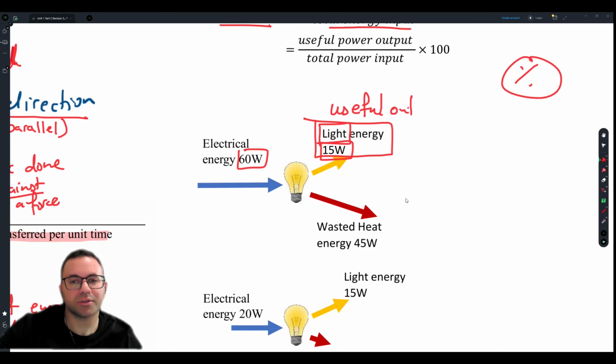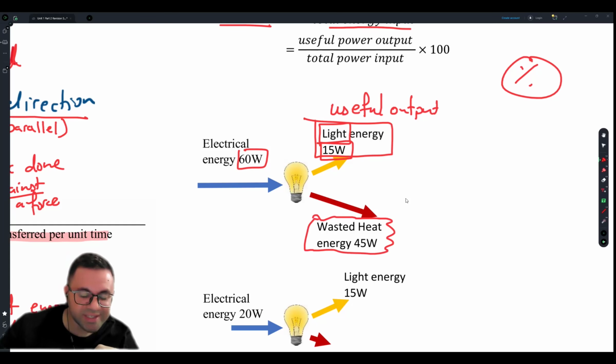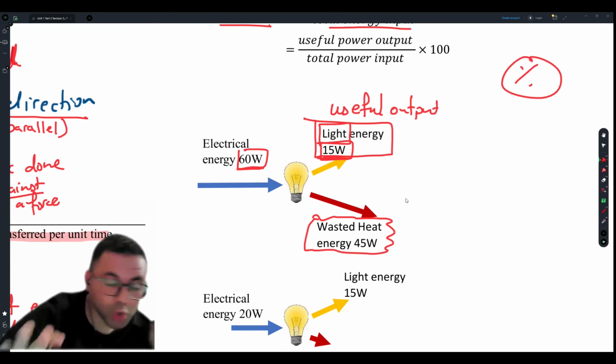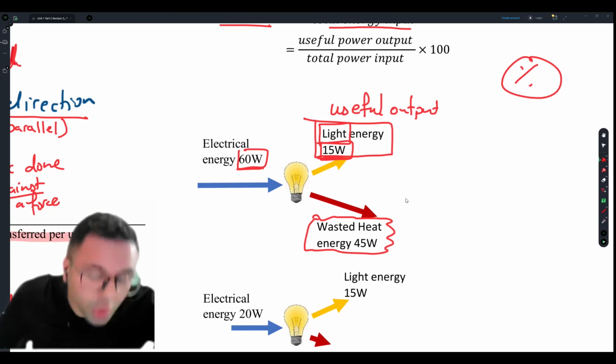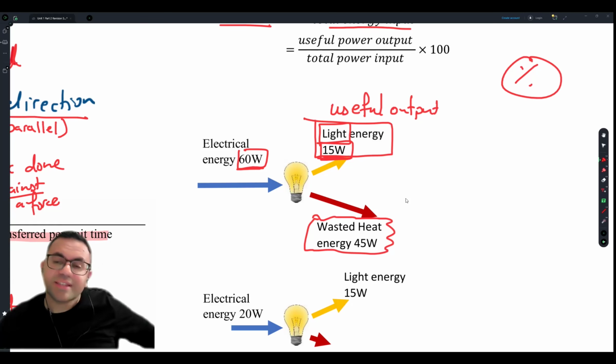But light bulbs also emit some heat. So heat is considered wasted. So have I converted 100% of the power to something useful? It's not destroyed. It's just turned into something not useful, like heat. So no. Let's get the efficiency here.